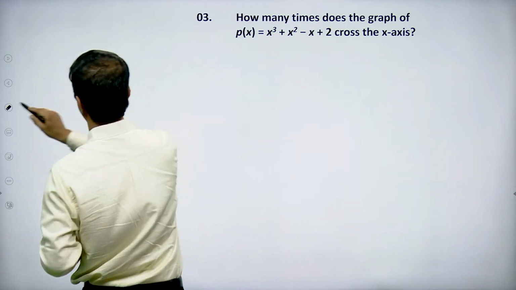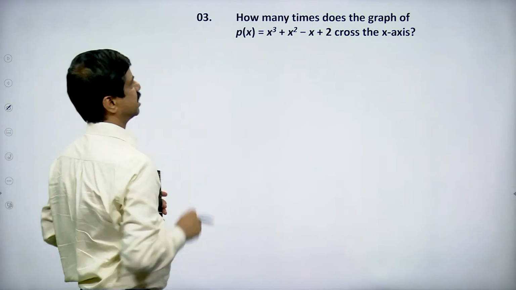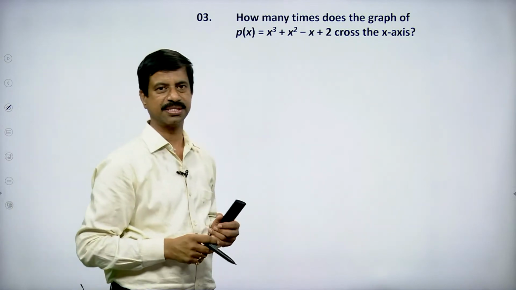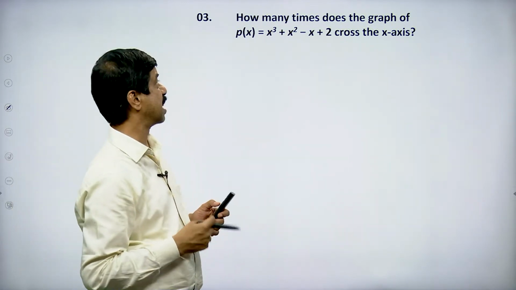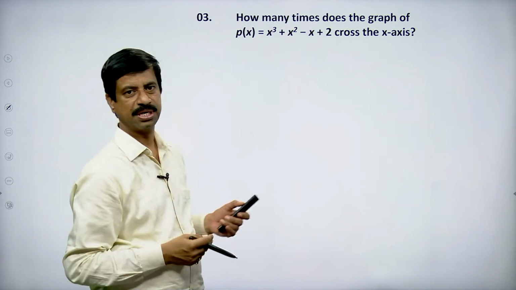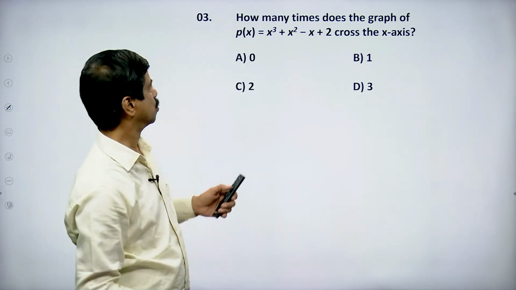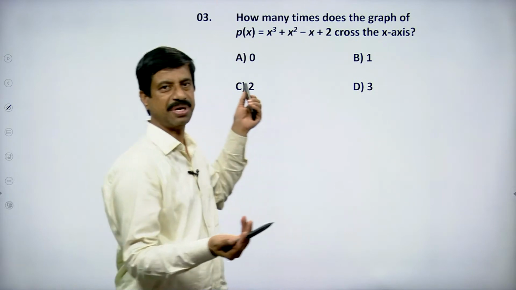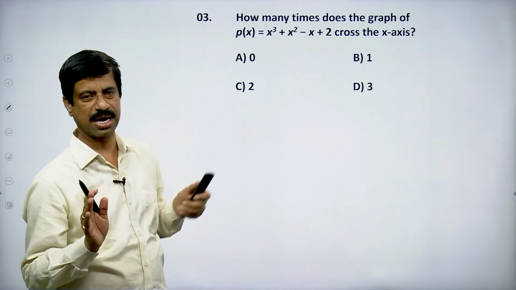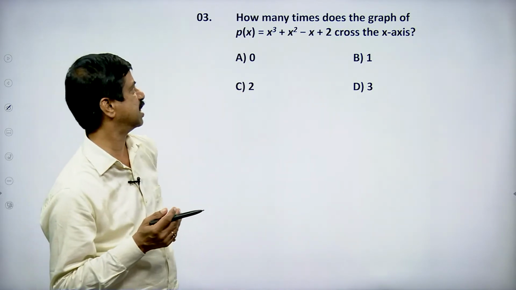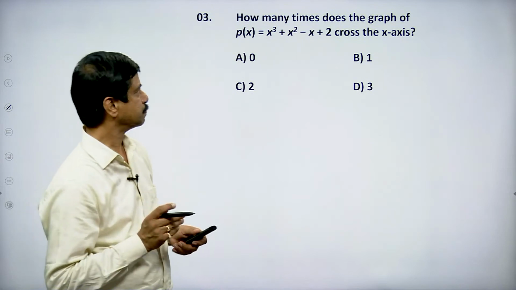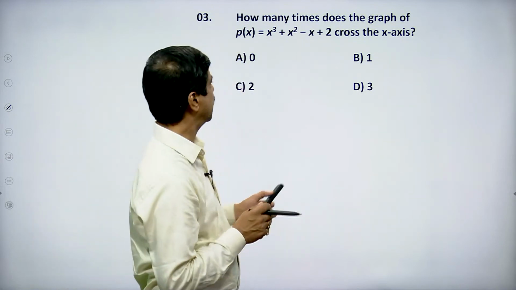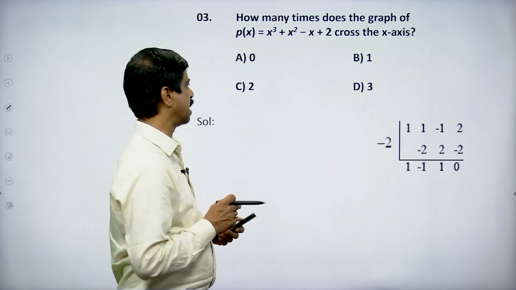So the exponent is 3. So the maximum times it can cross the x-axis is 3 times. The minimum can be even 0, that means it may not cut the x-axis at all. Okay. Now, let us see what happens.